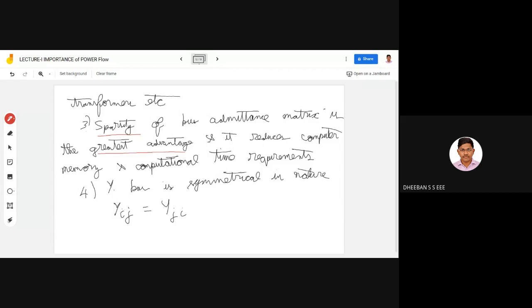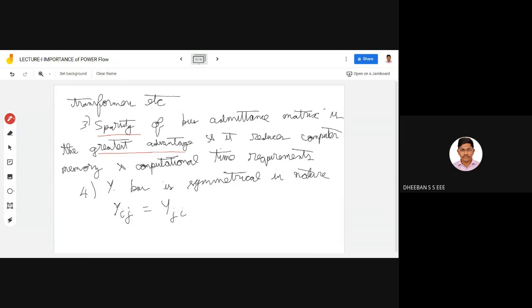Load flow studies are basically done on computers. For study purposes, theoretically, we make use of a 3 bus system, 4 bus system, or 5 bus system.